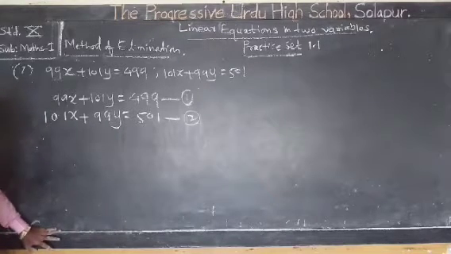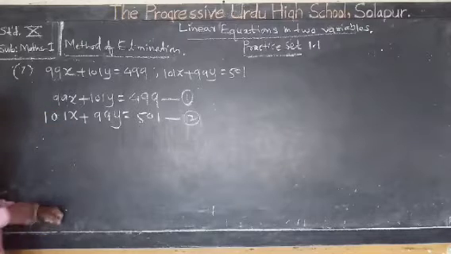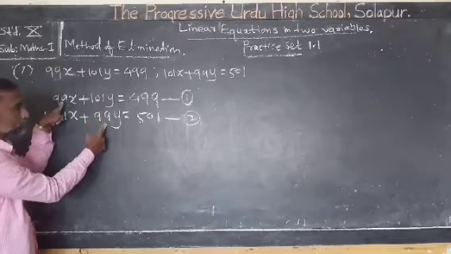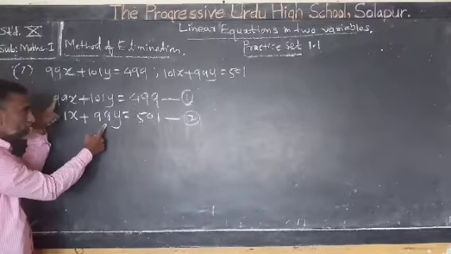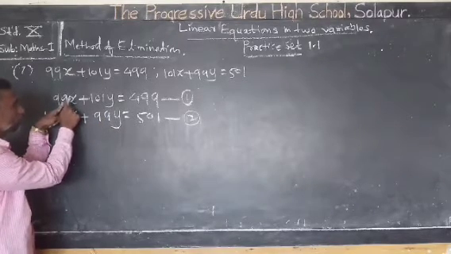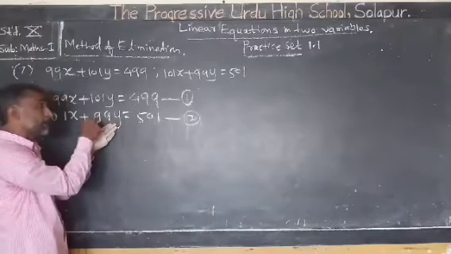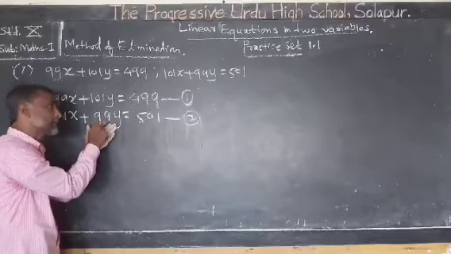I have written these two simultaneous equations. Now, how to solve such equations? If you observe these two simultaneous equations, the coefficients of the variables are interchanged. How? In the first equation, the coefficient of variable x is 99. In the second equation, the coefficient of y is 99.